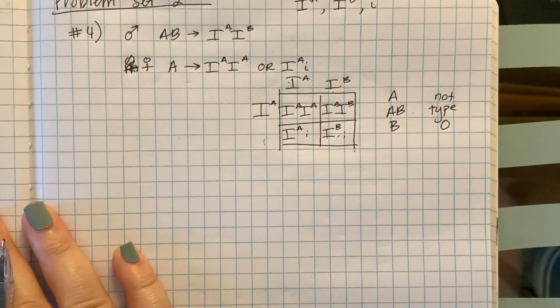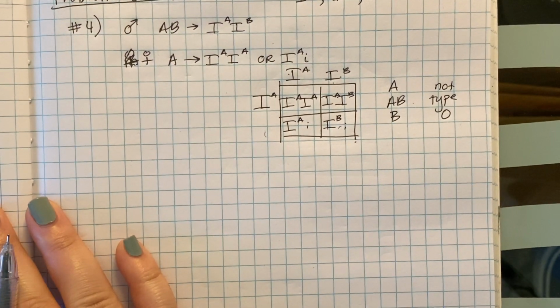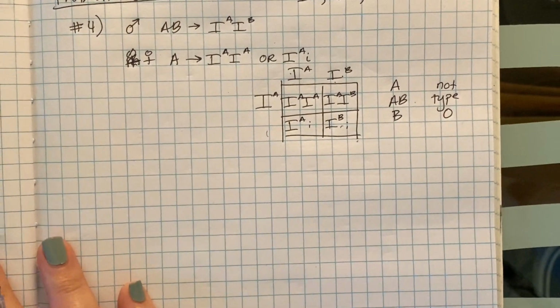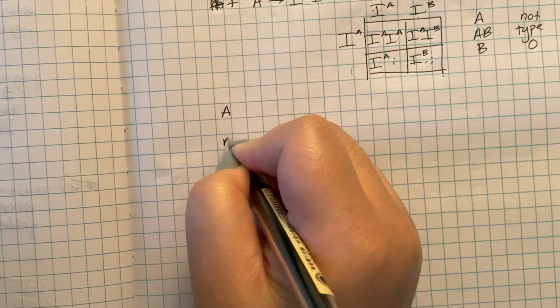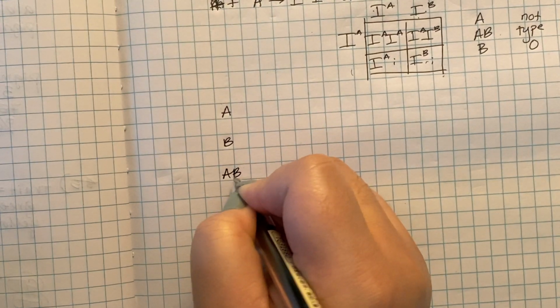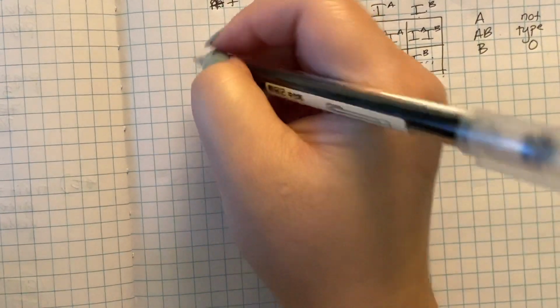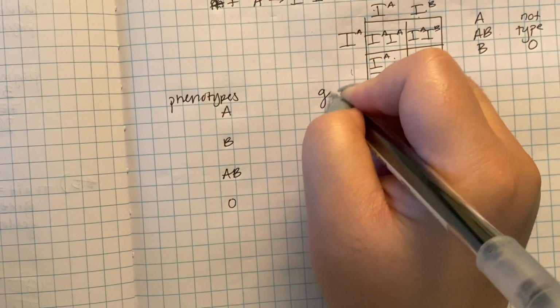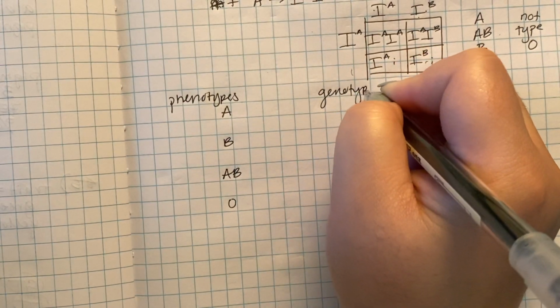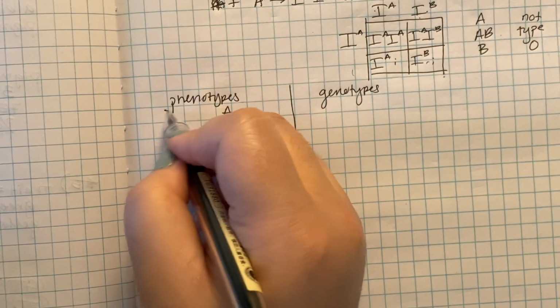So a lot of the blood typing problems have you go backwards, okay? So things maybe to jot down for blood typing. There are 4 blood types. So these would be my phenotypes. And then the genotypes, there's going to be 6 of them, right?